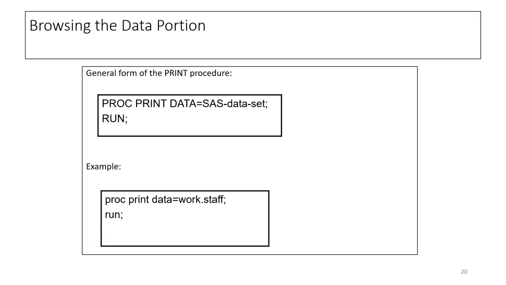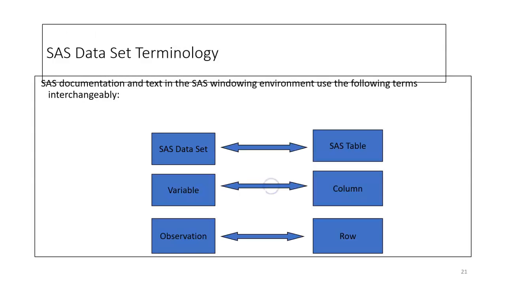In our next chapter I will discuss more about libraries, how to create a library, and what the work library is. Just understand that staff is the dataset name. I want to browse that particular dataset and see the data portion of it. If you run this program, you can see the variables that are there inside.